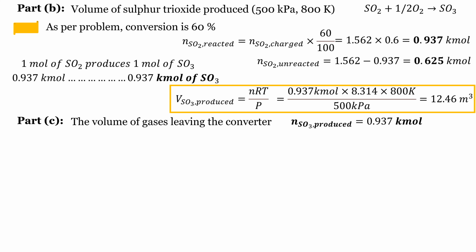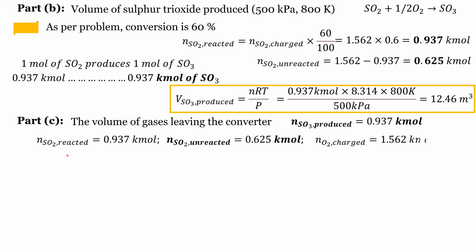So we have already seen that moles of SO3 produced are equal to 0.937 kilomole, and we can write moles of SO2 reacted equal to 0.937 kilomole and moles of SO2 unreacted equal to 0.625 kilomole.